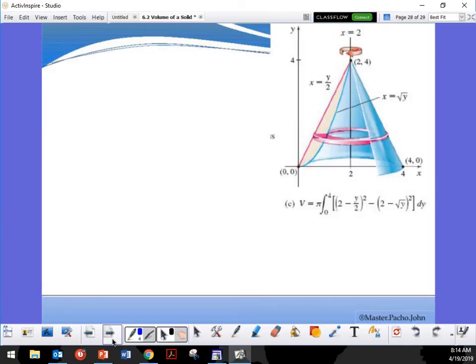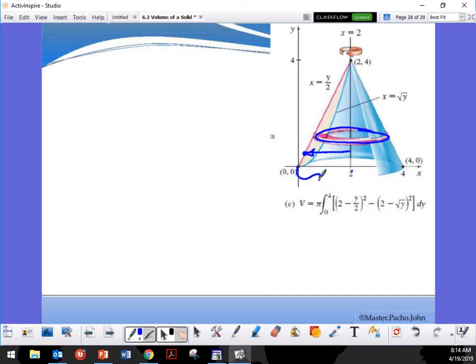Here's a better way. From here, we're rotating it around this way, right? So we're rotating this way. The radius at any given point is going to be from here out to my outer line, the line in red. Since I'm doing it in terms of y, this point right here would be whatever this radius is from here to here.